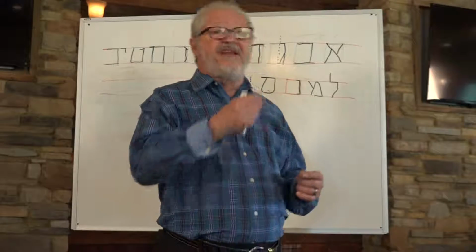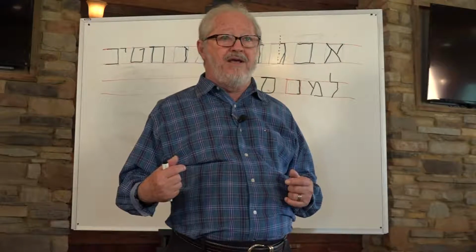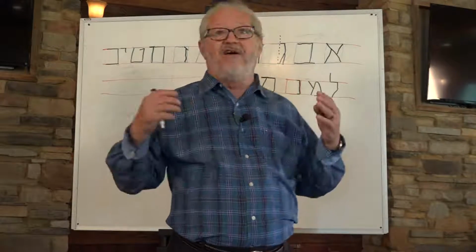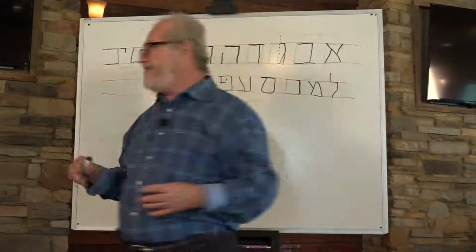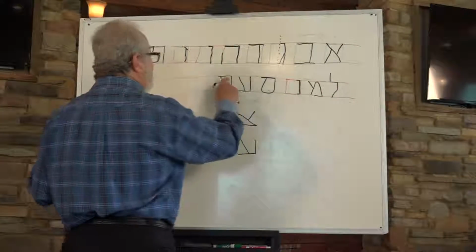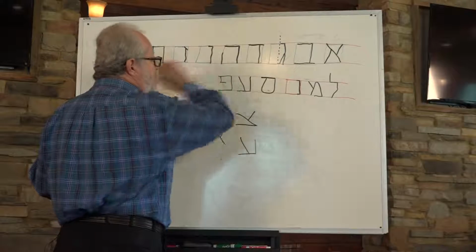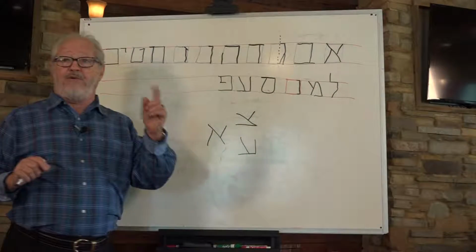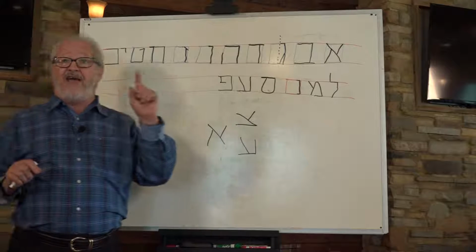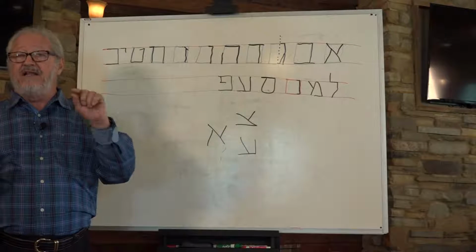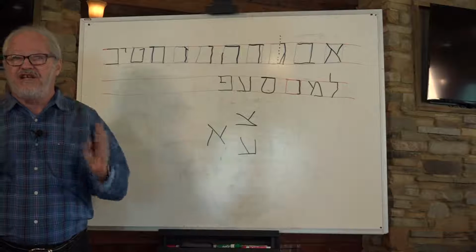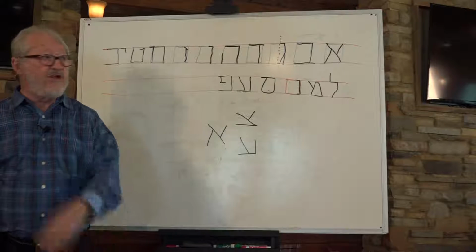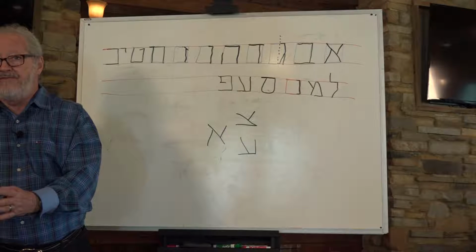We remove the dagesh out of the pay. That makes it F sound. So we have pay, fe. Okay? Without the dot. But since we're not using nikud on any of them, I'll remove the nikud from the pay. Whether it's a pay with the dot or a fe without the dot, the letter's name is still pay, even though you may pronounce it as an F.